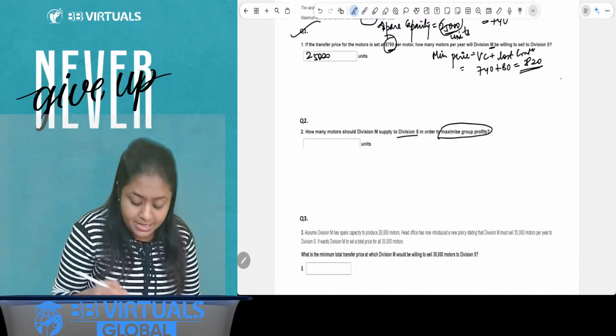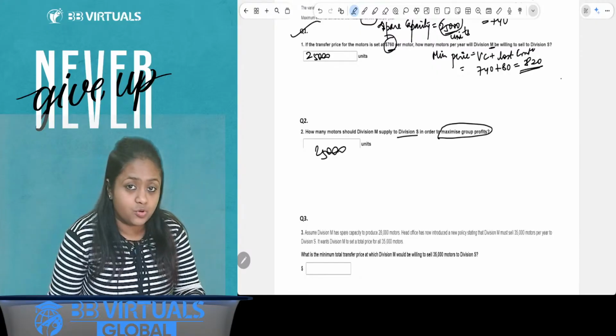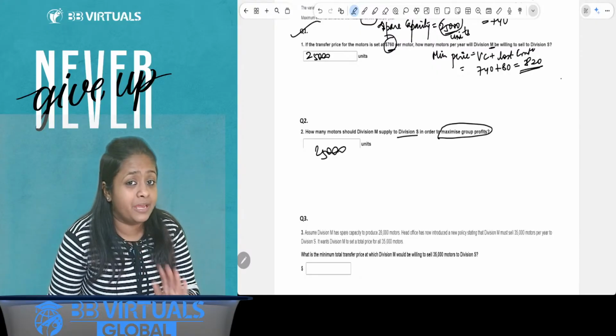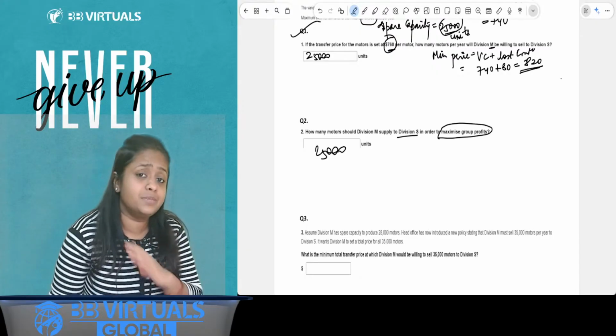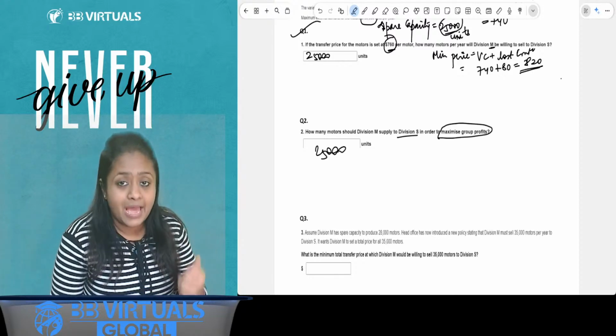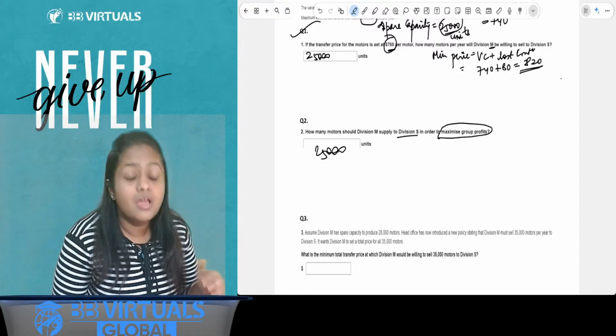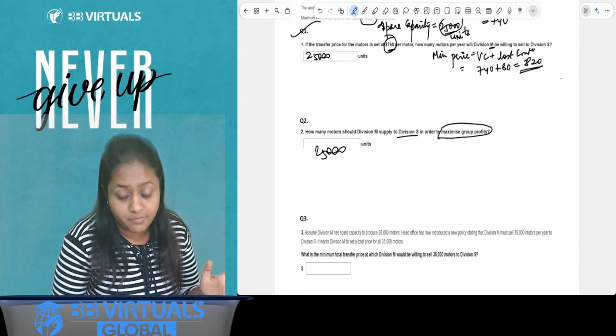Again, same answer. Even if they want to maximize the group profits, they cannot sell at a price lower than 820. So the maximum they would like to sell internally is only 25,000 units, as the opportunity cost is not covered. Clear?